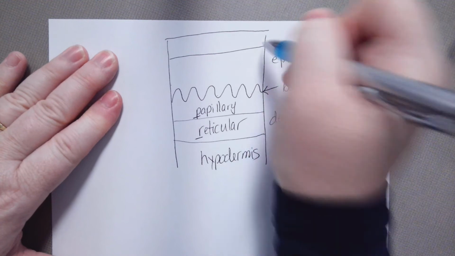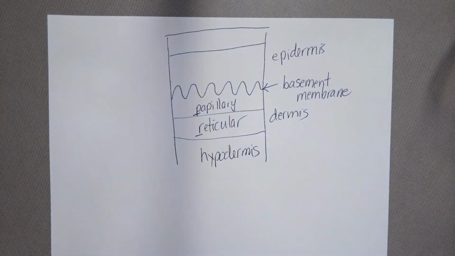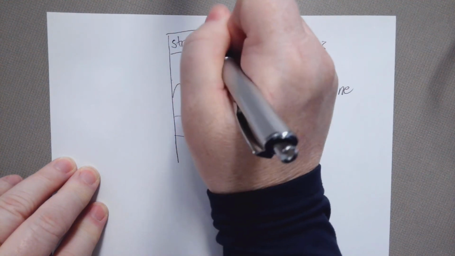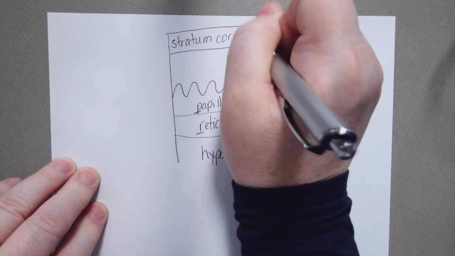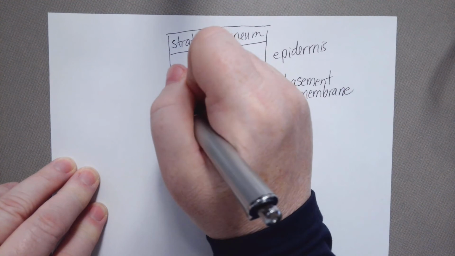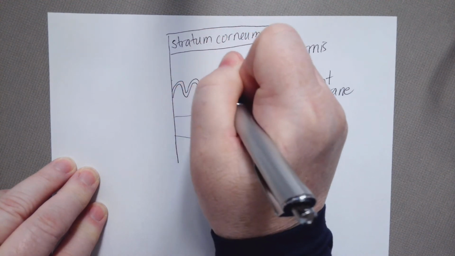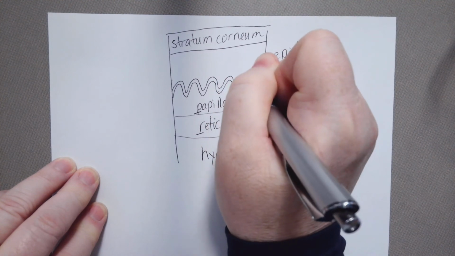The top layer, I think about like corn, like an ear of corn has a hard husk on it. So this is the stratum corneum. Okay, along the epidermal ridge is one single layer of cells.